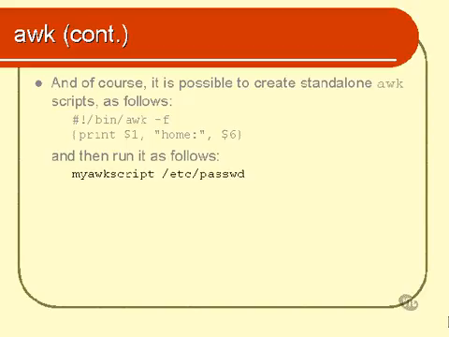So no matter how many characters there are in each $1, it will be printed out and padded on the right-hand side with spaces to a width of 12 characters. And $6 will be printed out in a width of 20 characters. So using this technique, it's actually possible to get output beautifully aligned under headings and so forth. Let me show you what I mean.